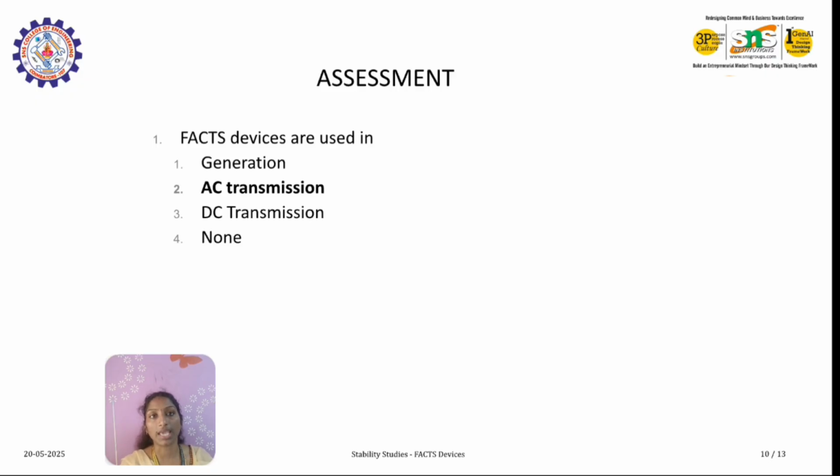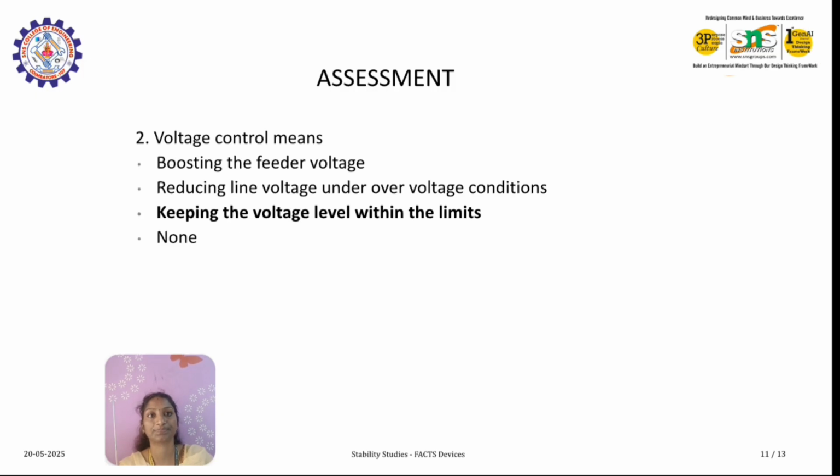The answer is AC transmission, where AC is a fluctuating voltage, so we have to control the voltage and make the power stable. At the generation part, FACTS devices are not needed because these are compensation techniques. At the transmission part only will we need FACTS devices. So the answer is AC transmission.